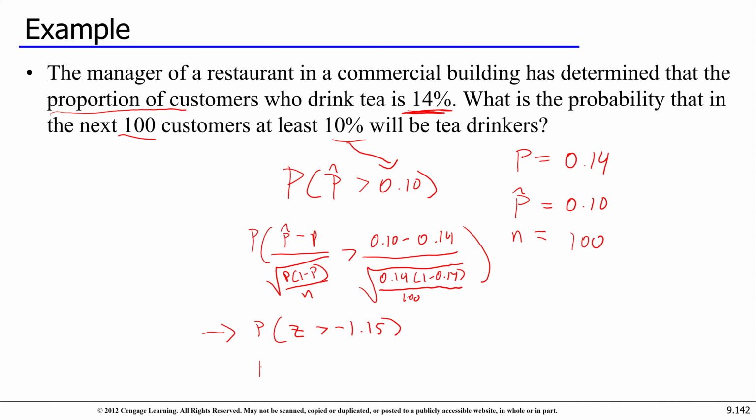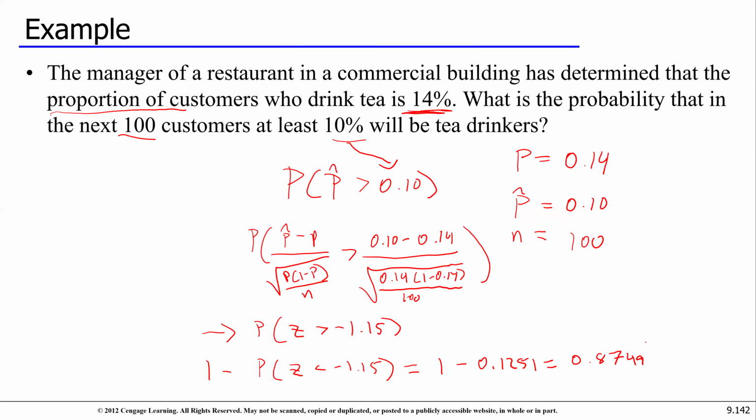It's 1 minus the probability of z less than negative 1.15. The reason why we do the opposite sign is the complement rule. So it's 1 minus, and if I look this up on the table, it's 0.1251. If I subtract it through, I should get 0.8749.